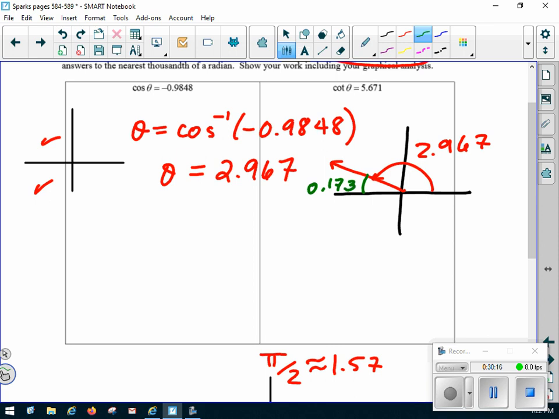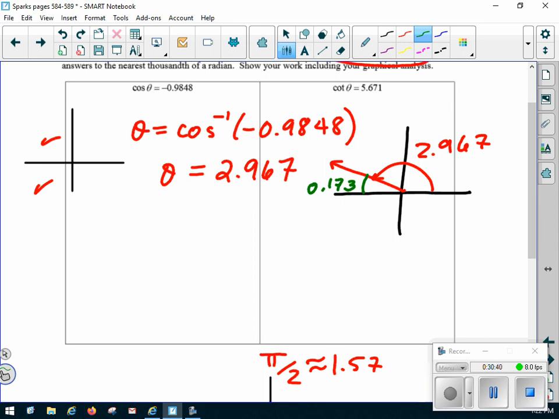And how did you get that, Faith? Okay, so you did pi minus that answer. So what am I going to do with that reference angle? Does it matter if we do pi or equal? Do pi. Pi is exact, so do pi.